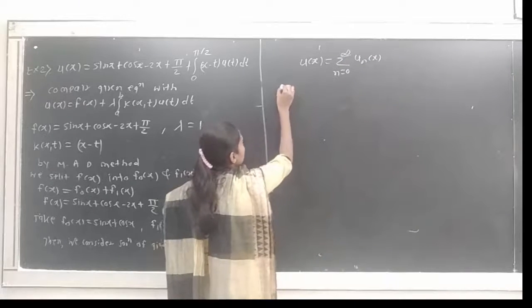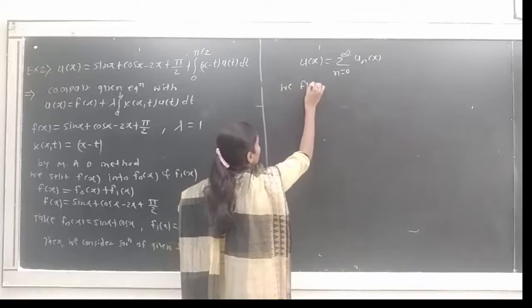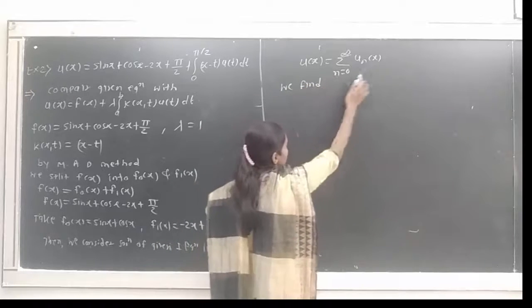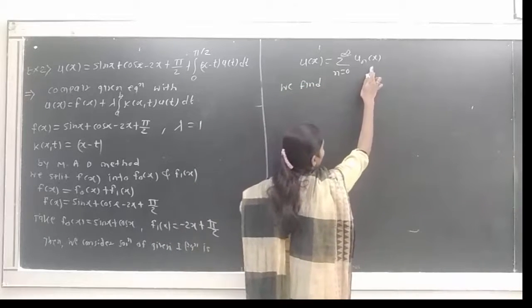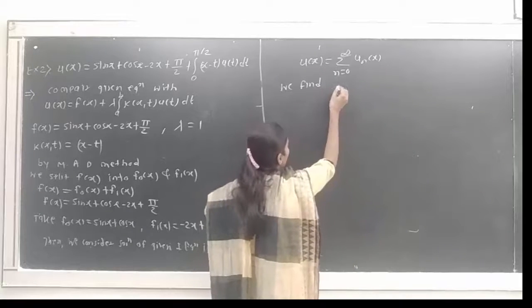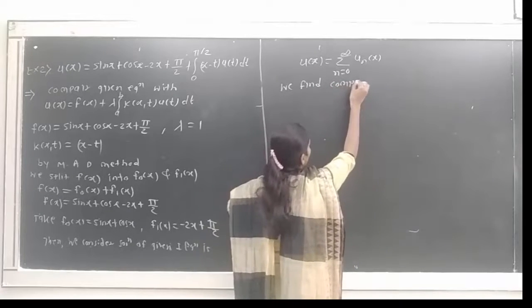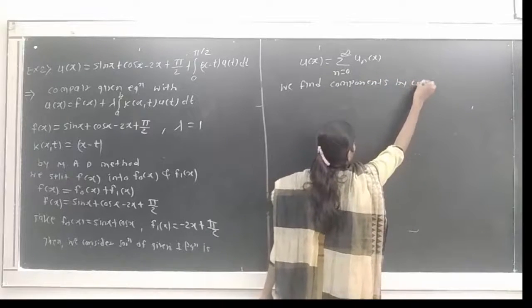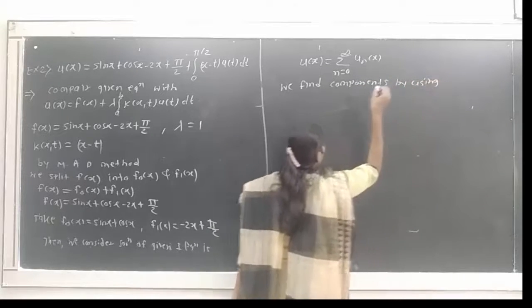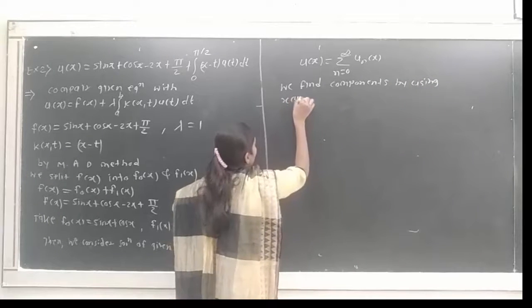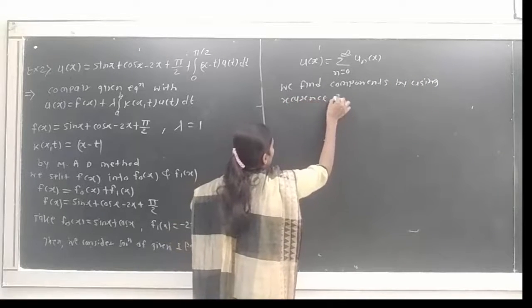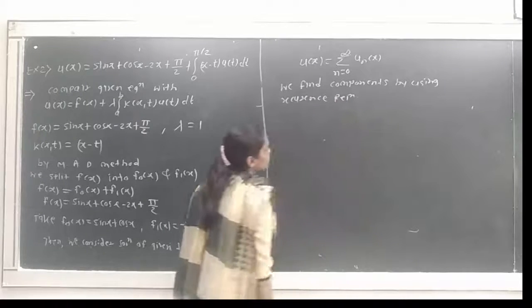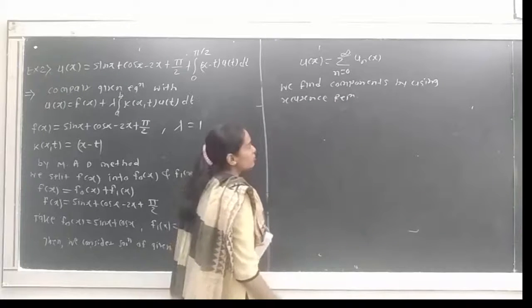Next, to find these components u0 of x, u1 of x and all other components, we use the recurrence relation of the modified Adomian decomposition method.